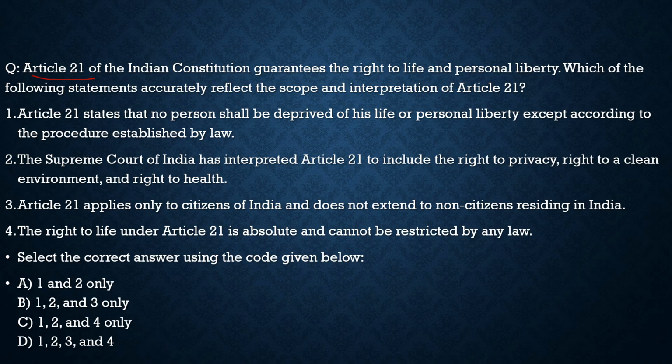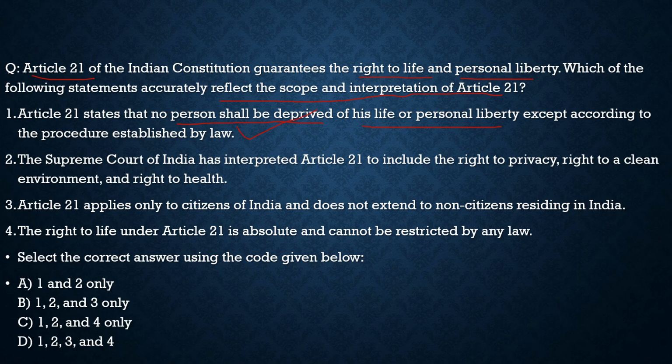Article 21 of the Indian Constitution guarantees the right to life and personal liberty. 100% correct. Which of the following statements accurately reflect the scope and interpretation of Article 21? First statement. Article 21 states that no person shall be deprived of his life or personal liberty except according to the procedure established by law. 100% correct. Statement 2.